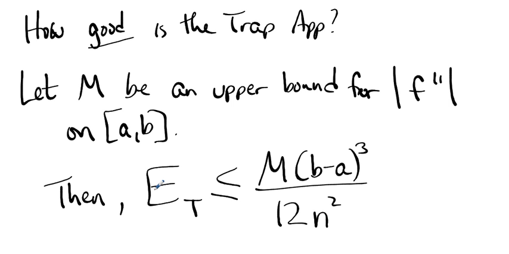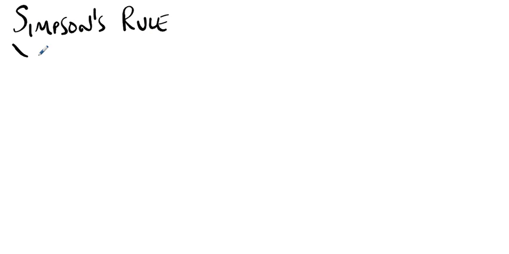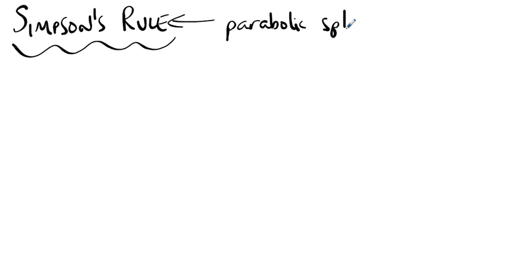Okay? Okay, so I would like to talk about one other thing before we're done. I'd like to talk about Simpson's Rule. Simpson, eh? Yes, Simpson. Simpson's Rule comes from parabolic splines.